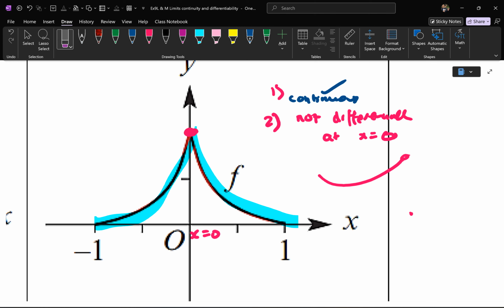If there was a function that was discontinuous but had the same gradients, how would you graph it? Well, the fact that it's discontinuous to begin with means it's not differentiable at any point. Wherever it's discontinuous, at that point there will not be a differentiable point. Yeah, that's about it.